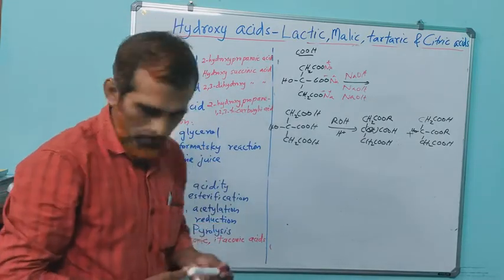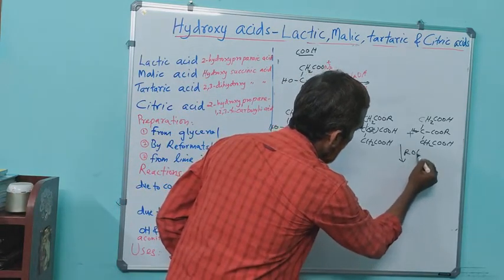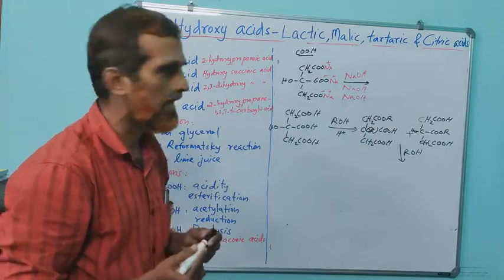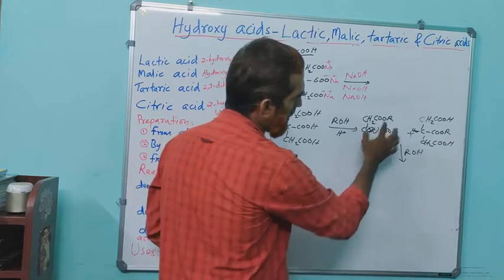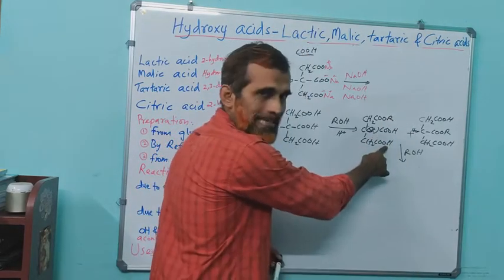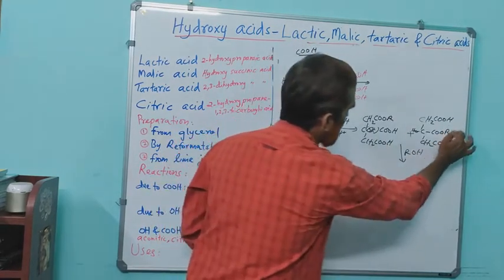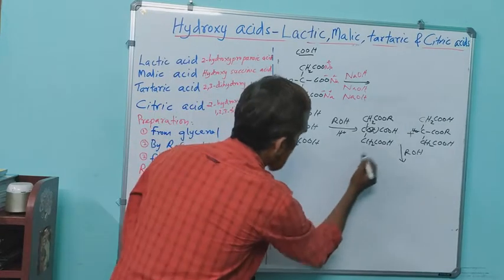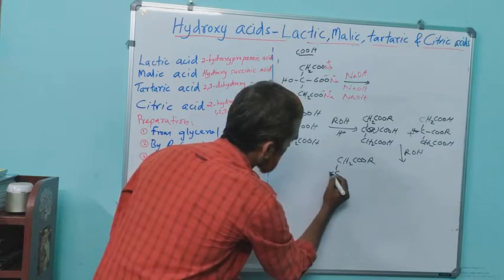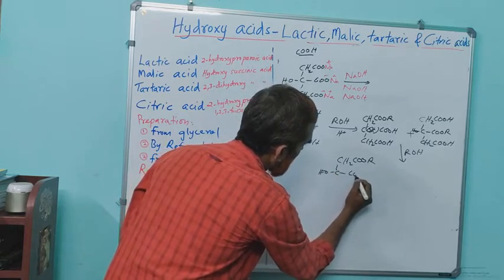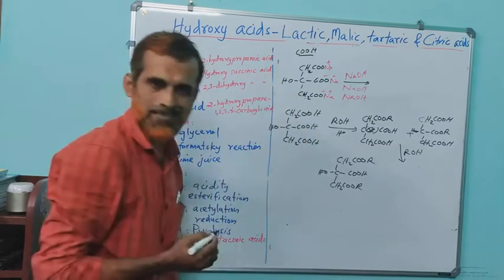Monoester. On further reaction, if you add another molecule of alcohol, you get the diester, dialkyl citrate. Again, there are two possibilities. Either these two get esterified, this already done, and this one, or this one and this one. So there are two possibilities. So the ester groups can be at the two end carbons like this.